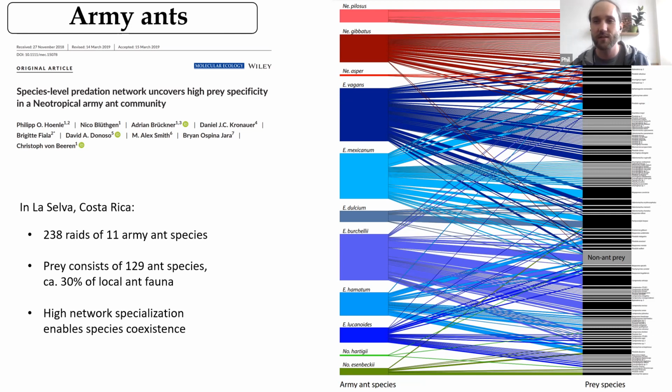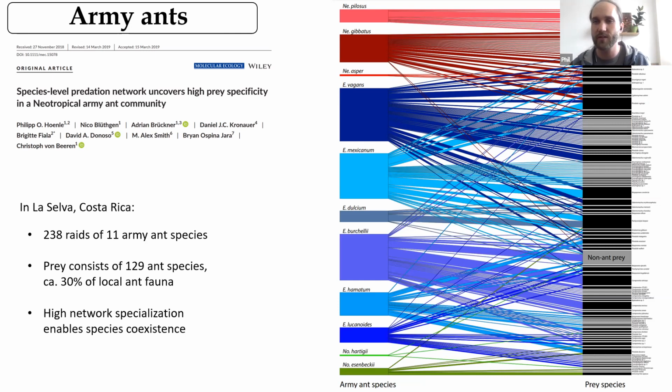So you can see nicely on the right-hand side a bipartite network between the army ants on the left side and the prey species on the right side. And you can see by the thickness of the bars how common the army ants were and how common their prey items were. And each line connects each army ant species to their prey. And we can see there's relatively little, or surprisingly little, overlap in the diet, even though almost all of them eat exclusively ants.